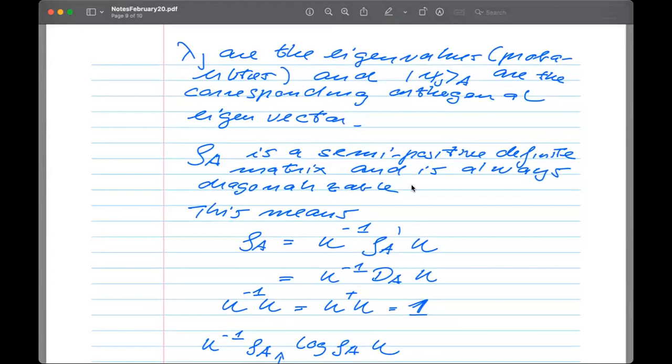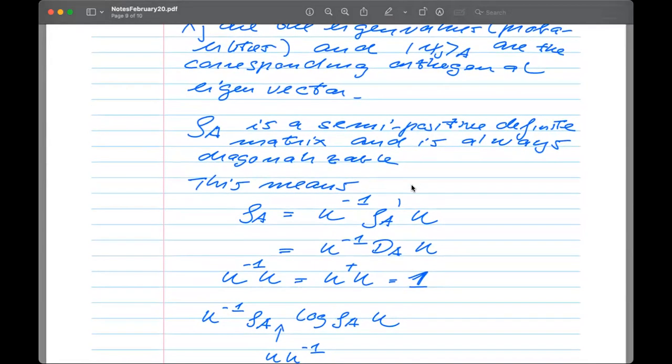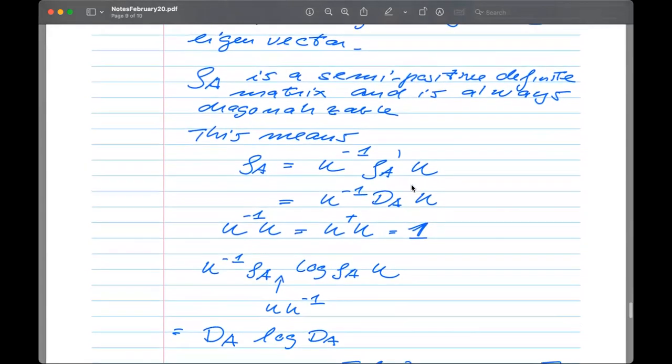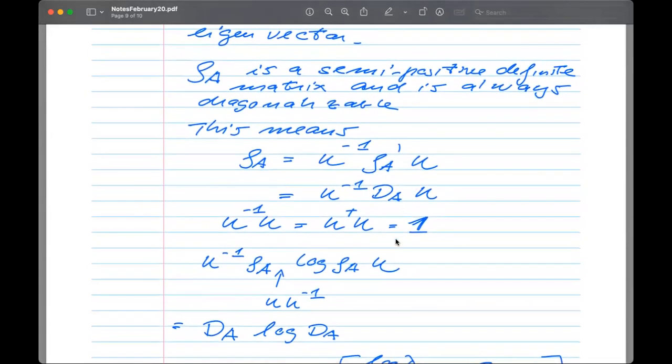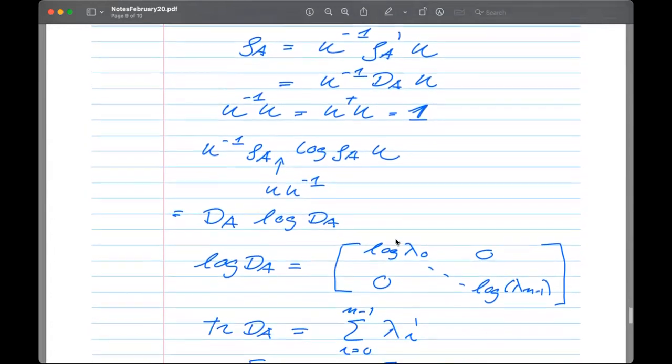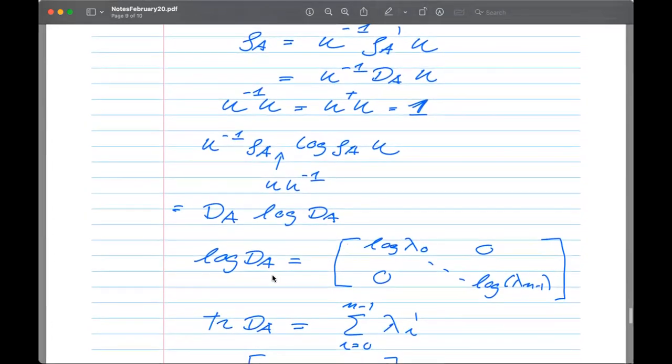So rho alpha is a semi-positive definite matrix, and it's always diagonalizable. This means that we can always find the eigenvalues, and with the eigenvalues, we can then use the property that the log of a diagonal matrix is given by the log of the diagonal entries, and these are the eigenvalues.